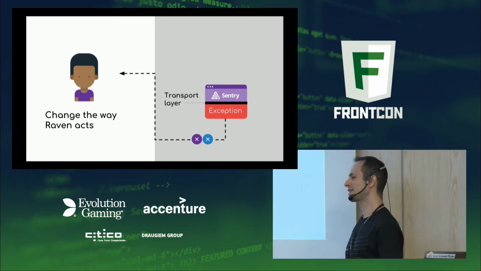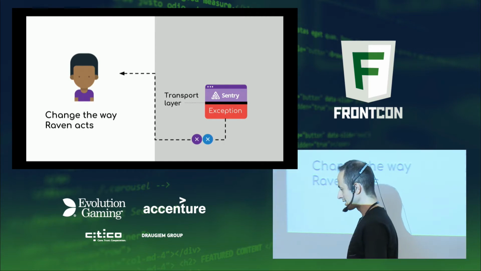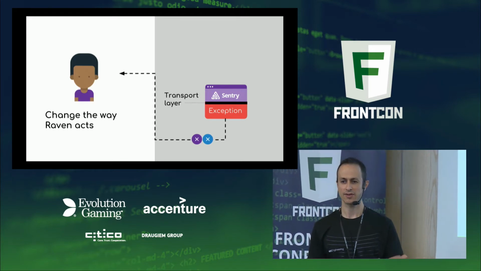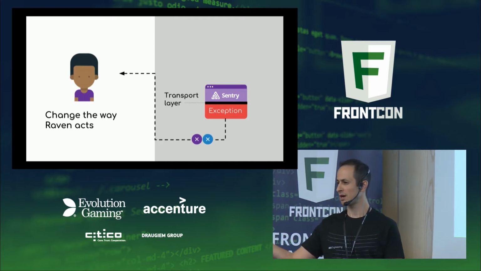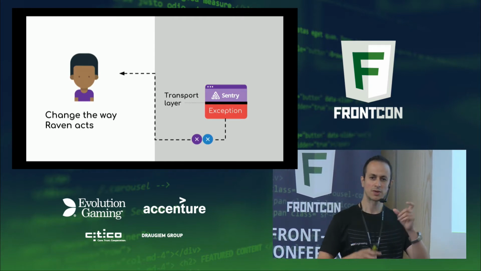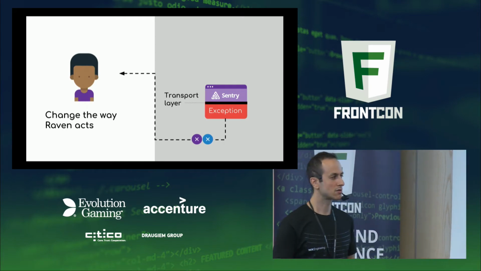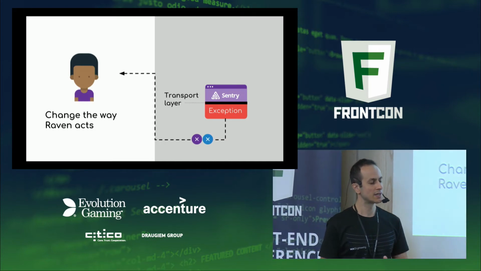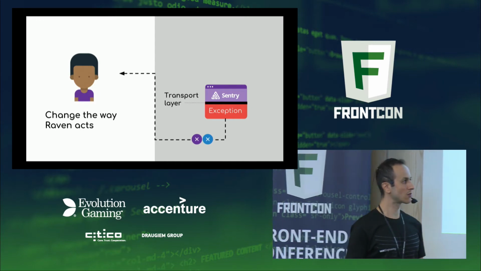It has probably been built so that you can add your own transport layer, like sending reports to another system, or intervening with the HTTP request, maybe putting in more headers or cookies. So we actually used that transport layer to take over the report.